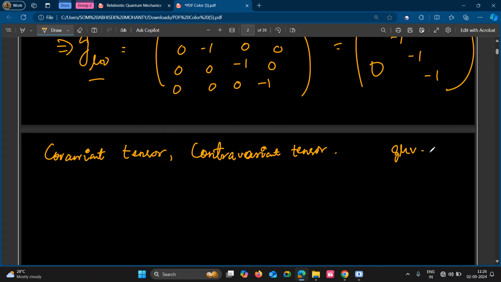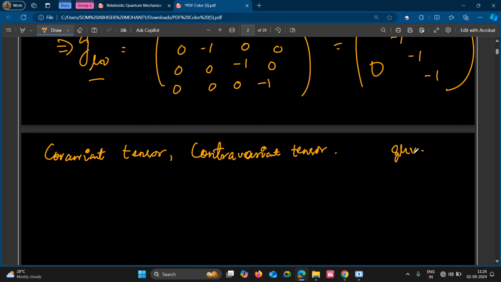That's the difference, and you have to go through this chapter and learn a lot to properly understand it. So we'll move on next.